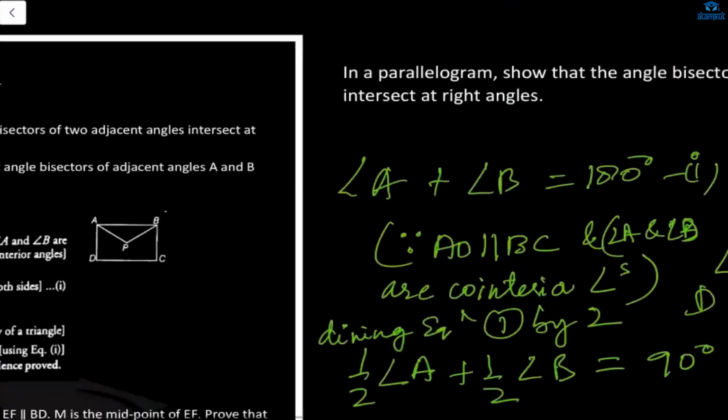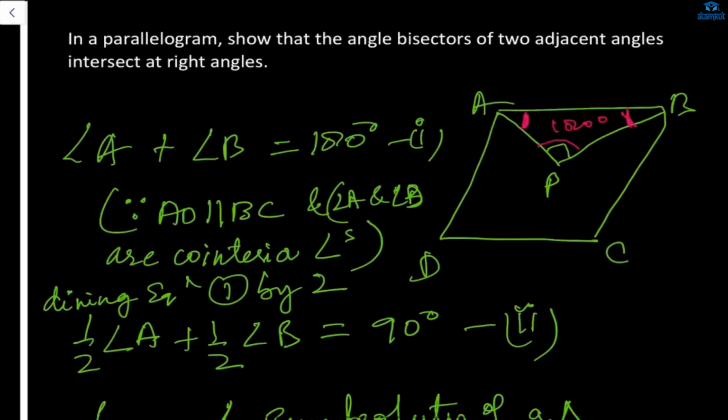In a parallelogram, show that the angle bisectors of two adjacent angles... That totally depends on you which two adjacent angles you are taking, but it should be adjacent, one after another. AB, BC, CD, or DA you can take. Show that the angle bisectors of two adjacent angles intersect at 90 degrees.